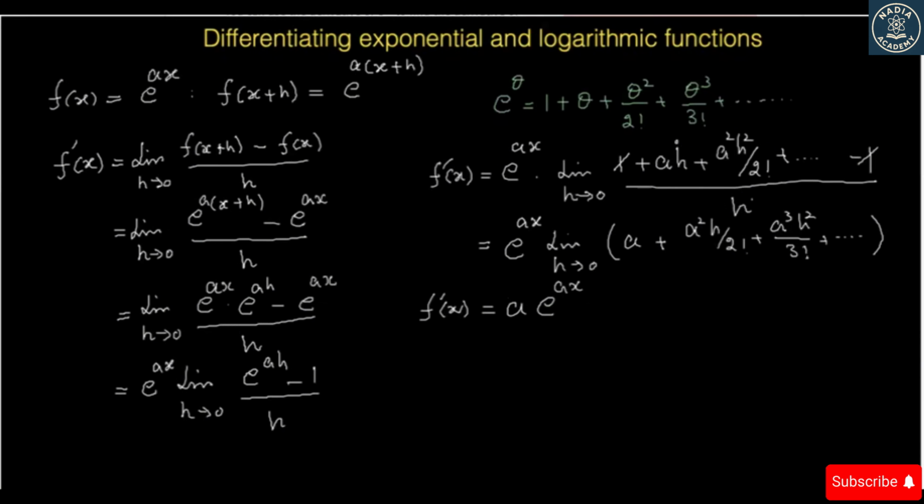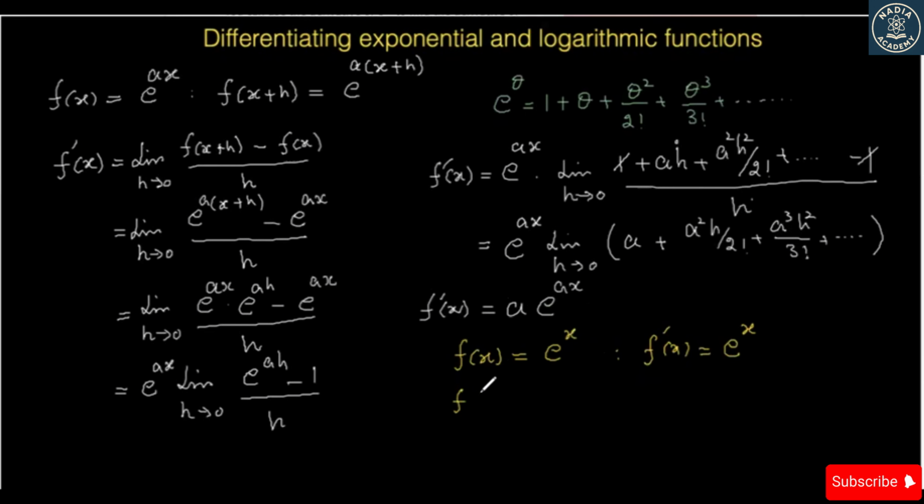You can also prove using the same method that if we have an exponential function f of x equal to e raised to power x, its first order derivative is equal to e power x as well.